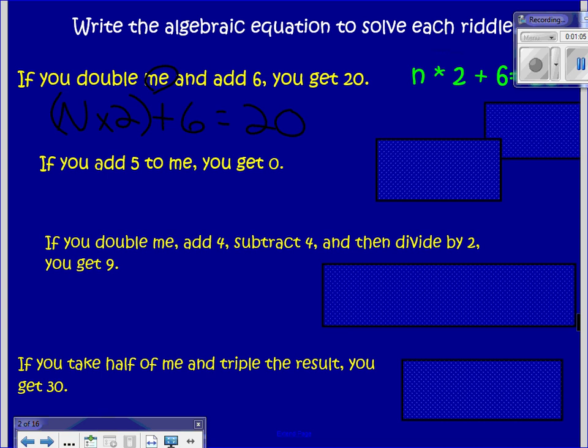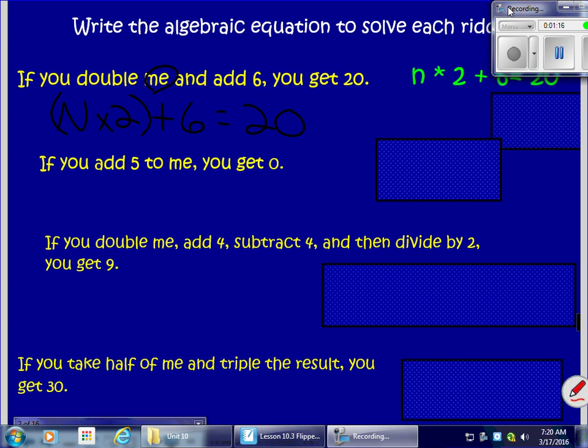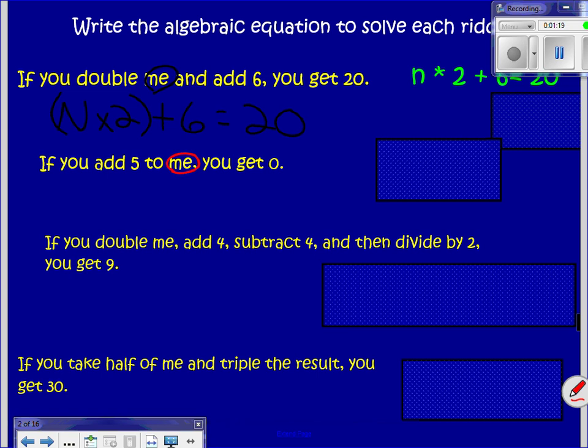Here's another one. If you add 5 to me, you get 0. So remember me. Let's have that be n. If you add 5, so we're going to plus 5, you get 0.